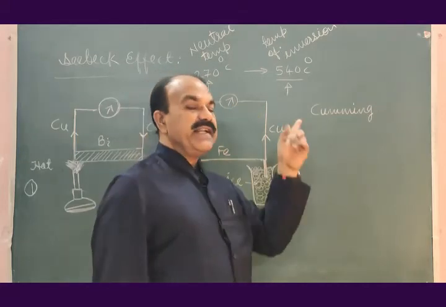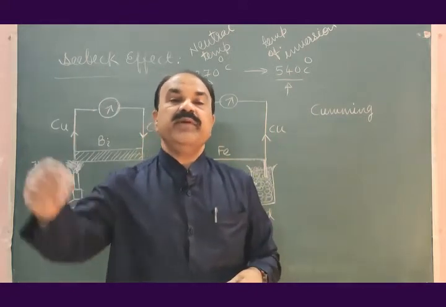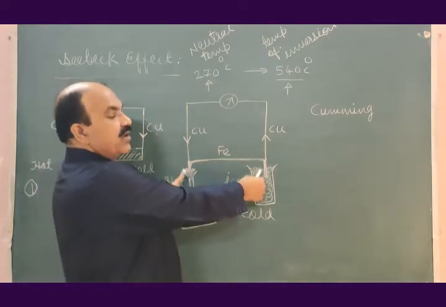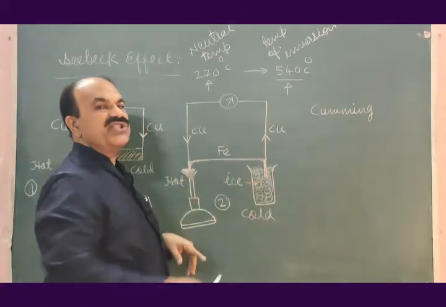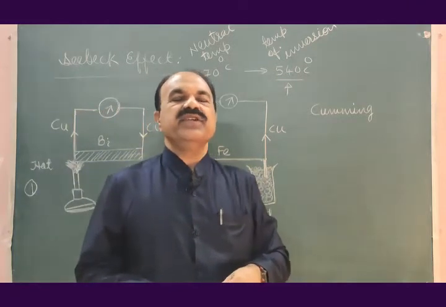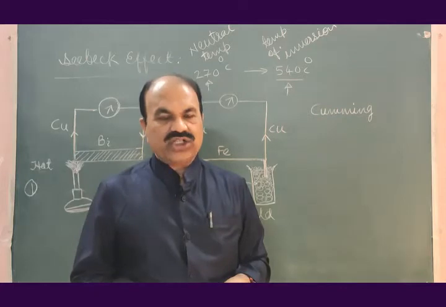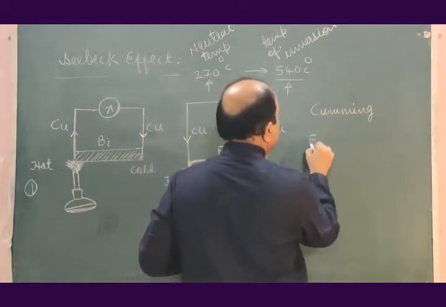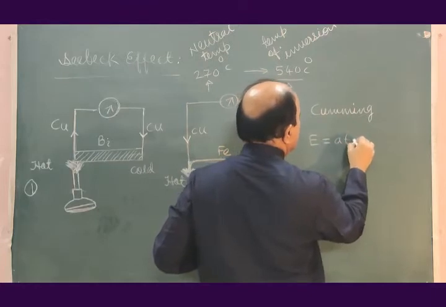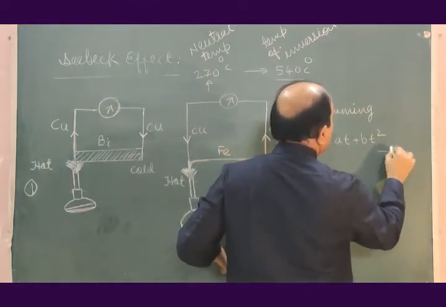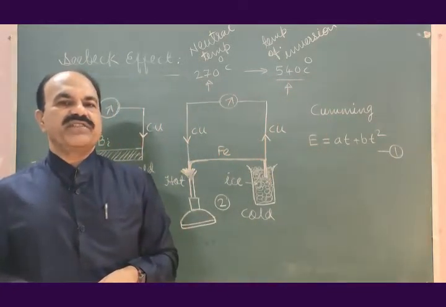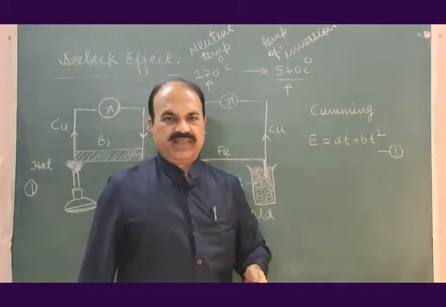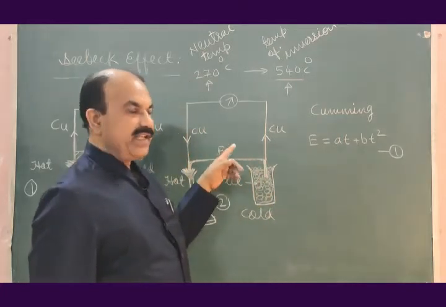The EMF generated in the thermocouple because of the two different temperatures at the two junctions he called thermo EMF, and he experimentally found that the thermo EMF is given by the formula E = AT + BT², where T is the temperature and A and B are constants.